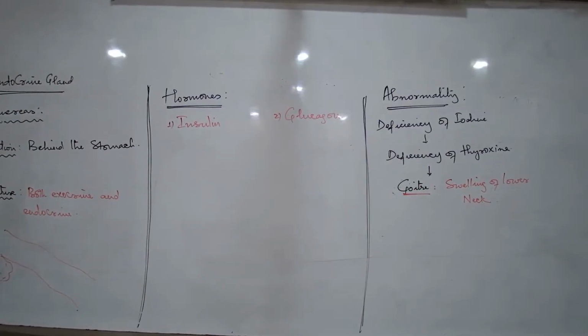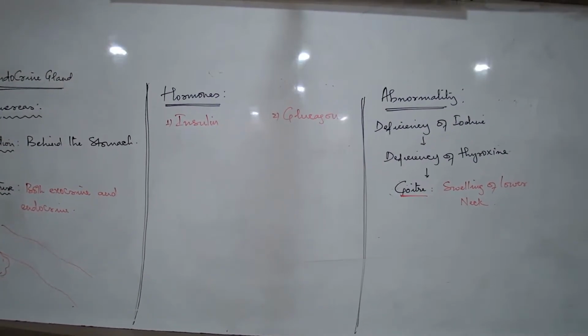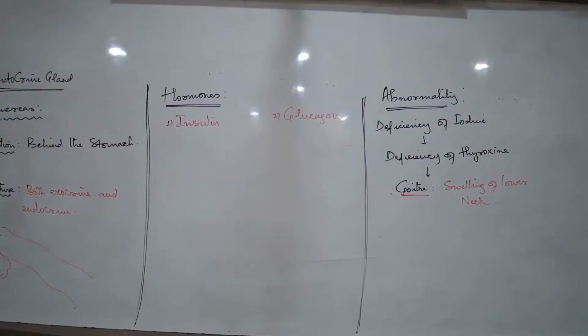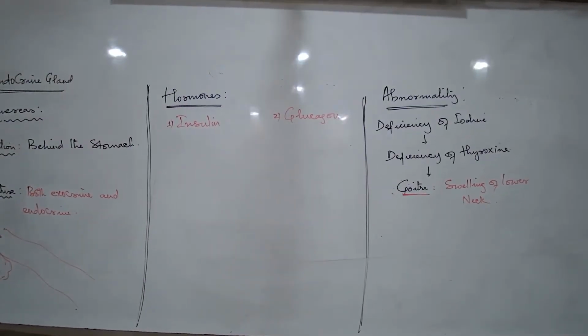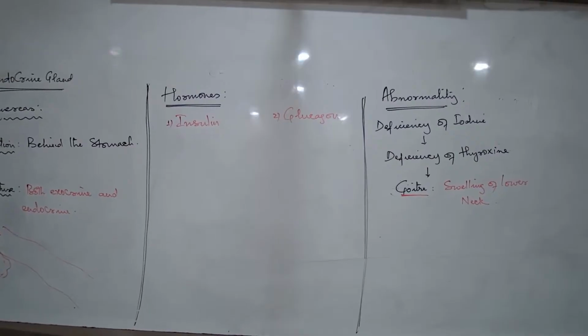Now, right after any food, suppose I start this way, try understanding, right after food, whenever we consume any meal, you have eaten your breakfast, you have eaten your lunch, you have eaten your dinner, where adequate amount of carbohydrate is there. Or maybe right now during the break, you eat an adequate amount of carbohydrate.